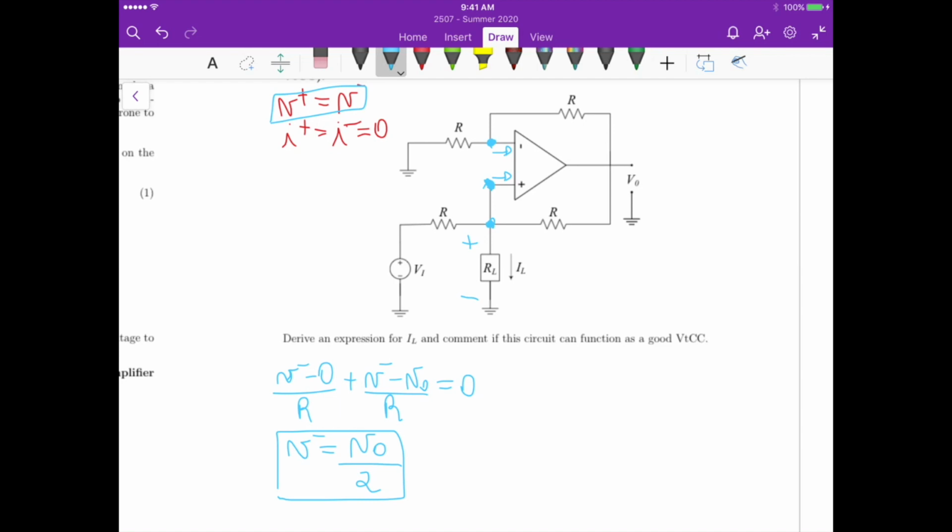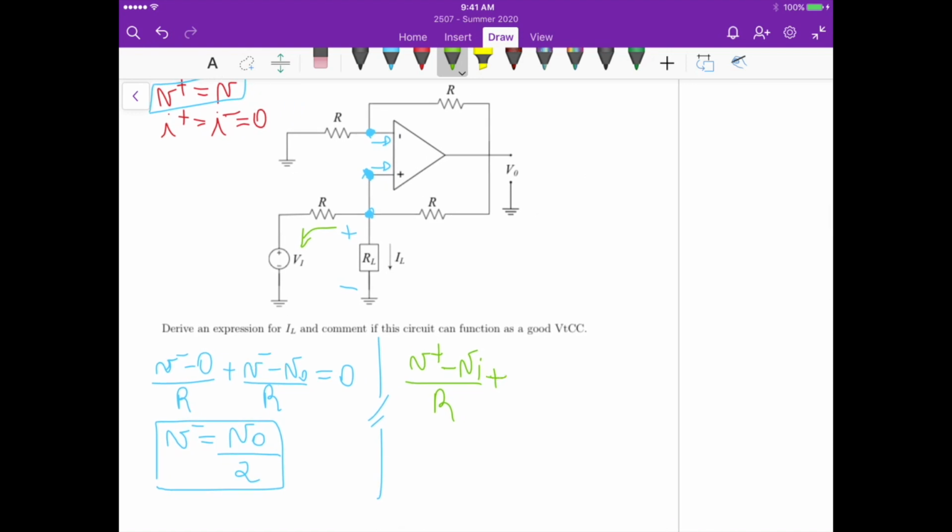Okay, so if we analyze now the non-inverting input, we get first the current V plus minus VI divided by R, which is this current here, plus V plus minus V out divided by R, which is this current here, plus V plus minus 0 divided by RL, which is this last current here, IL, and it should be 0.